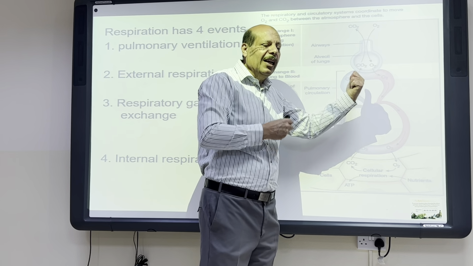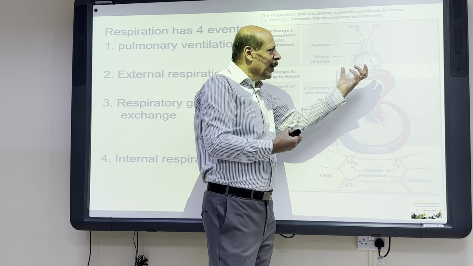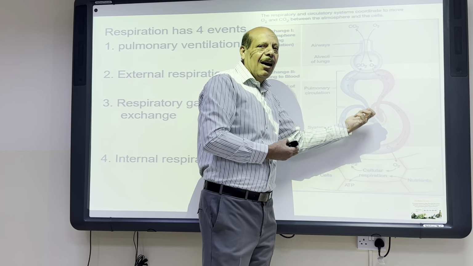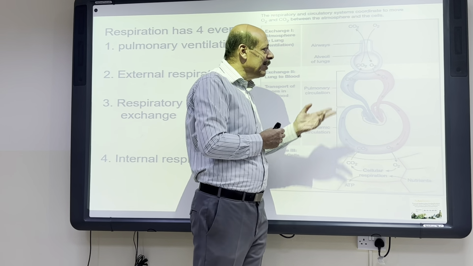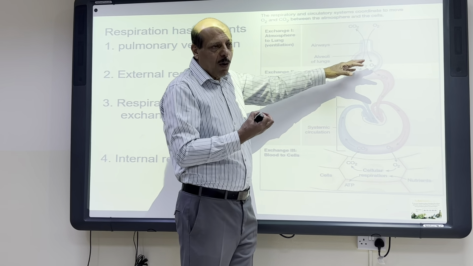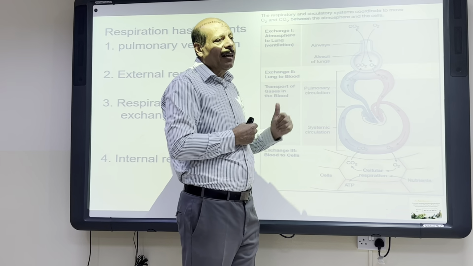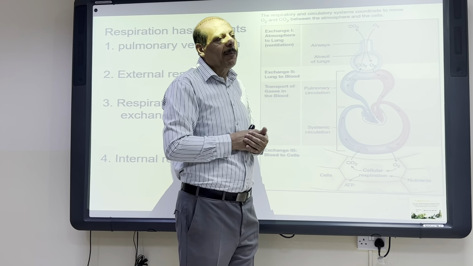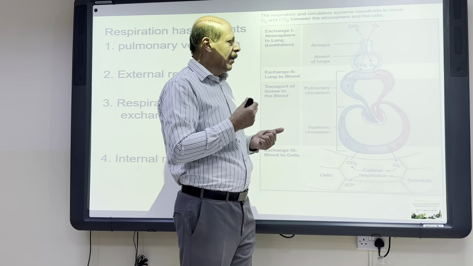The concentration of oxygen in the blood which is coming to the lung is less, so it will attract the oxygen, and the pressure of oxygen in the lungs is more, so it will diffuse to the capillaries and be carried by the hemoglobin in the blood.